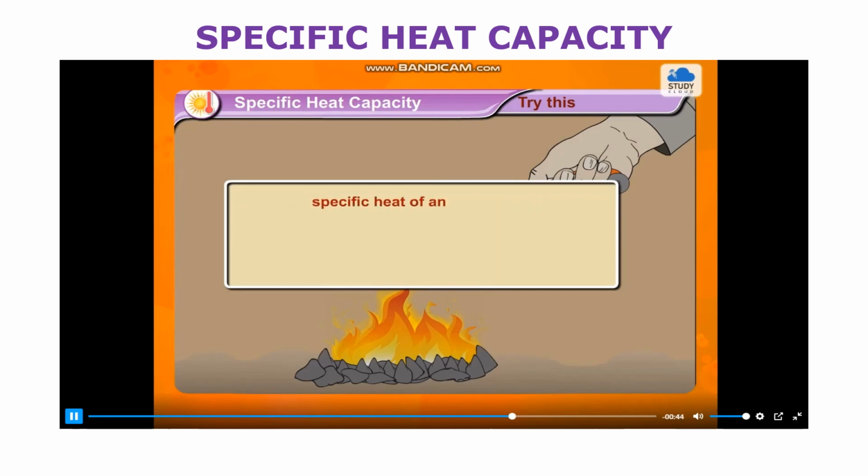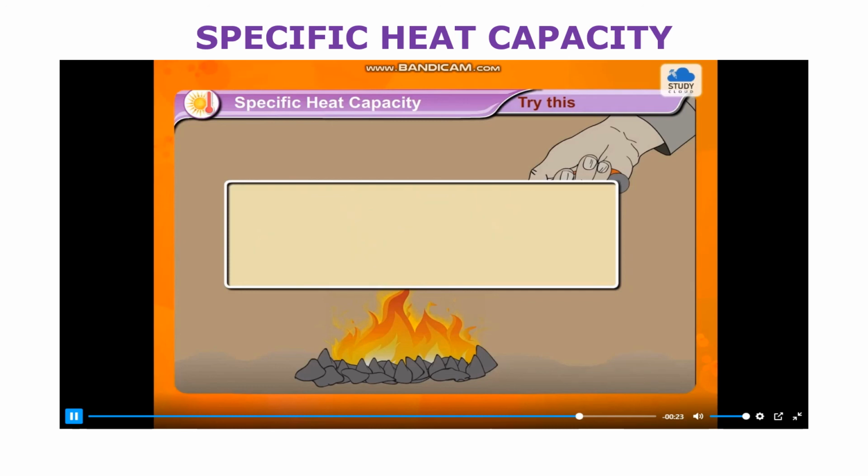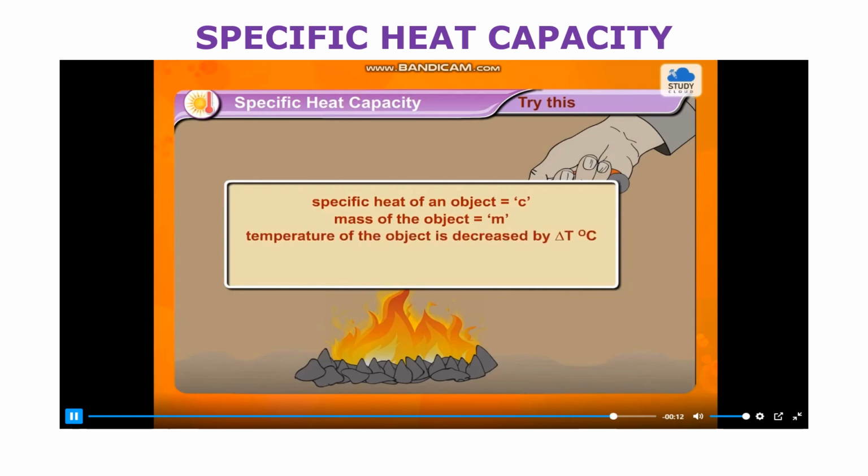If specific heat of an object is C, the mass of the object is m, and if the temperature of the object is raised by delta T degrees Celsius, the heat energy absorbed by the object is given by m into C into delta T. In the same way, if specific heat of an object is C, the mass of the object is m, and if the temperature of the object is decreased by delta T degrees Celsius, then the heat energy lost by the object will be m into C into delta T.